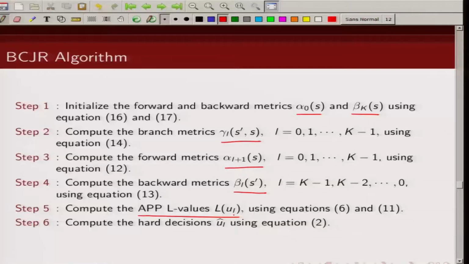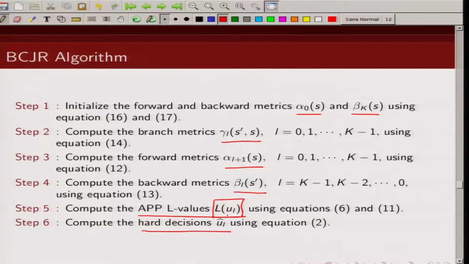I can then compute this APP value, and the final thing I am going to do is take a hard decision based on whether this APP value is greater than 0 or plus 1.